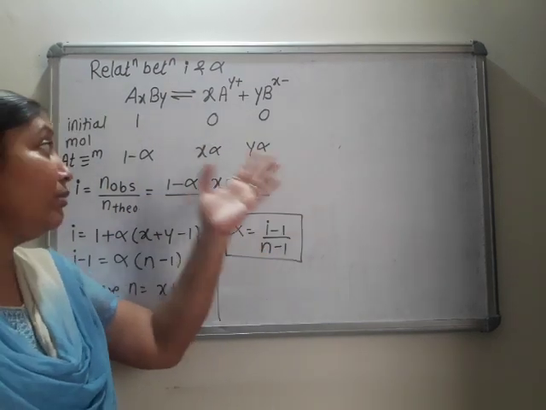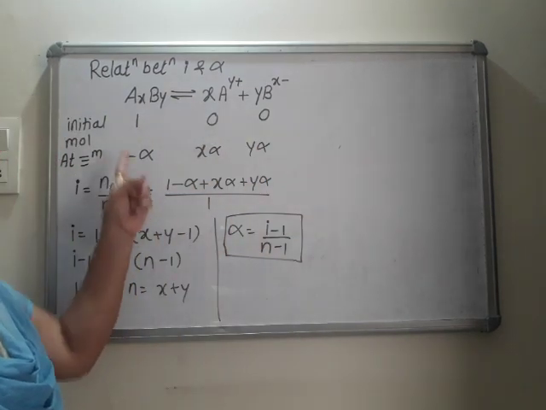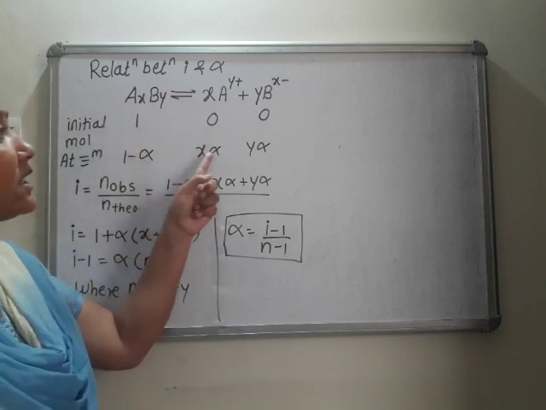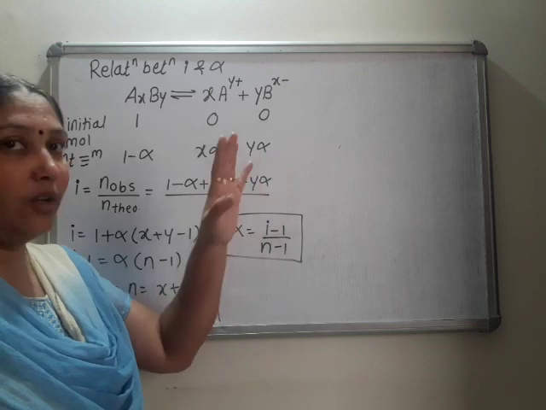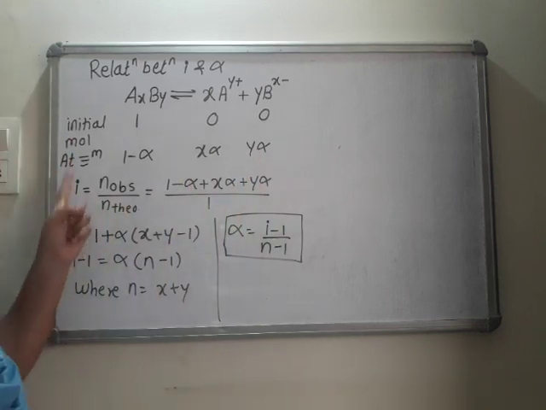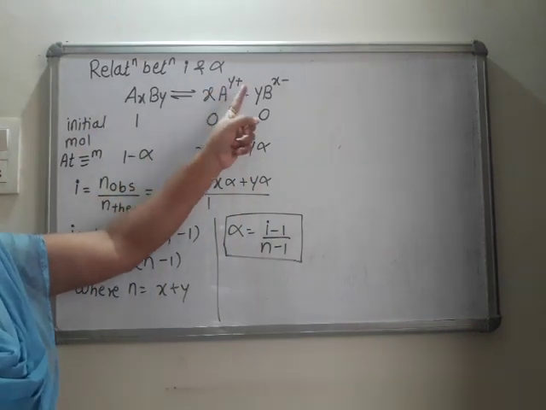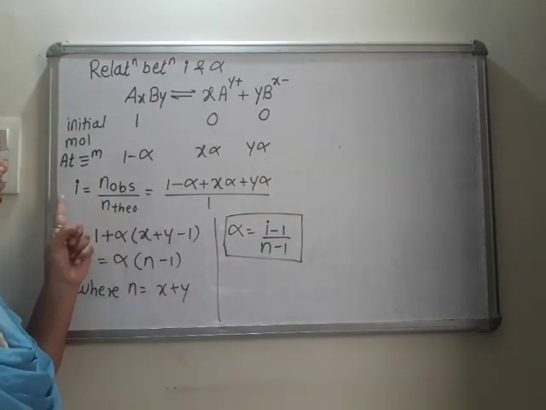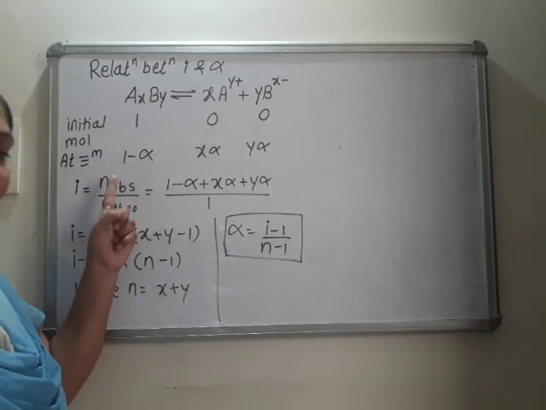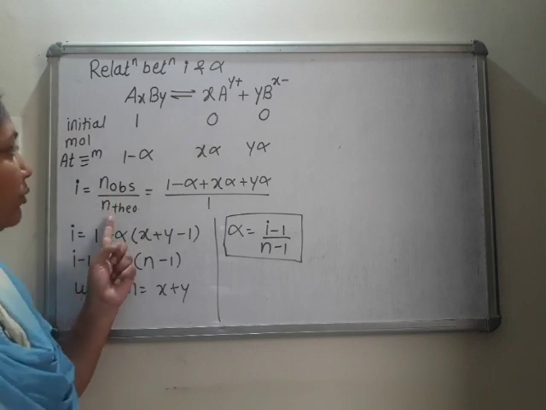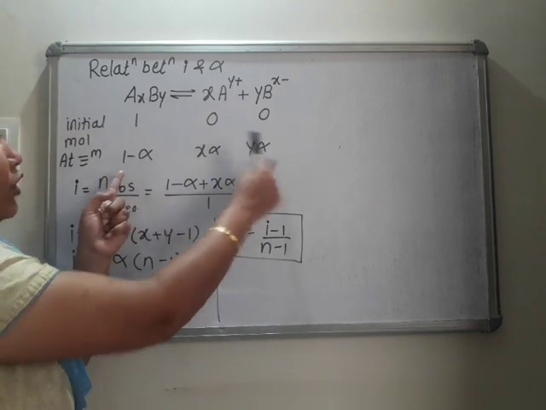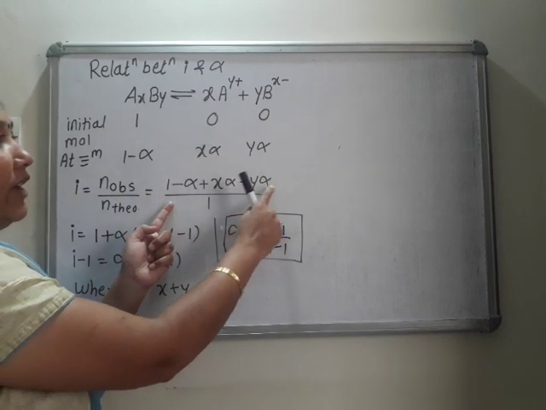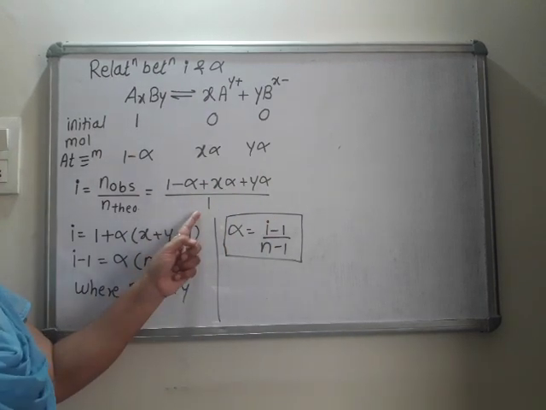After some time, equilibrium is established and out of 1, alpha is dissociated. So we get X times alpha and Y times alpha. So we have to relate alpha and i. What is the definition of i in terms of number of moles? i is equal to observed number of moles upon theoretical number of moles. Observed number of moles means the sum of all these: 1 minus alpha plus X alpha plus Y alpha, upon 1.